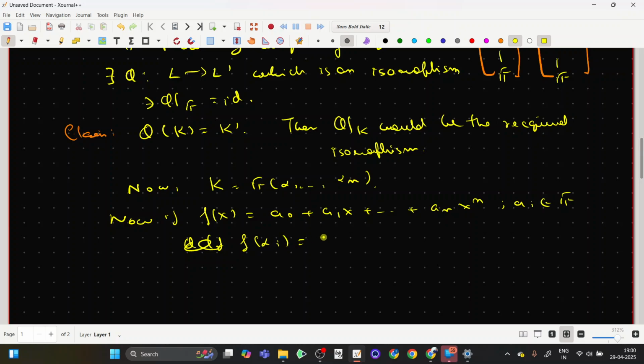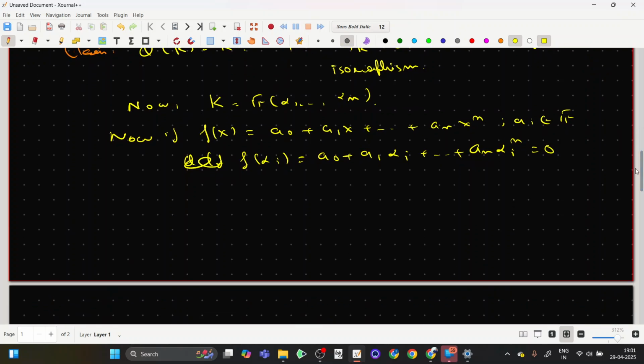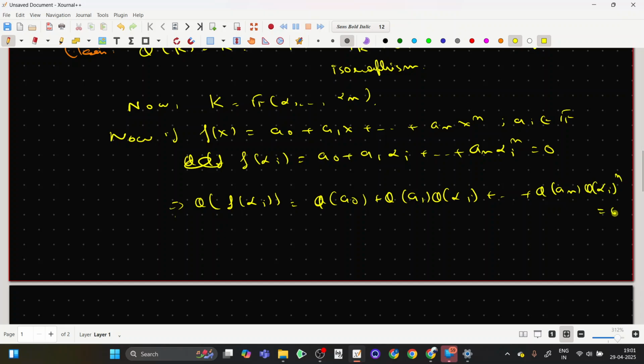So f of alpha i is a naught plus a1 alpha i, and so on, till a n alpha i to the power n, which is equal to 0, right? But then what is phi of f of alpha i? It should be phi of a naught plus phi of a1 times phi of alpha i, and so on and so forth till phi of a n times phi of alpha i to the power n, equal to 0.